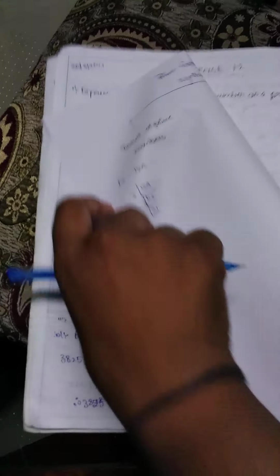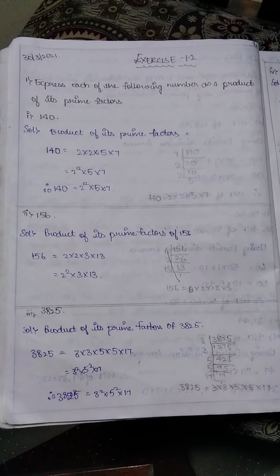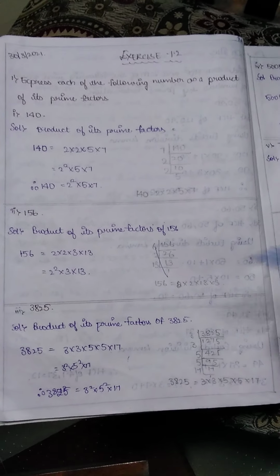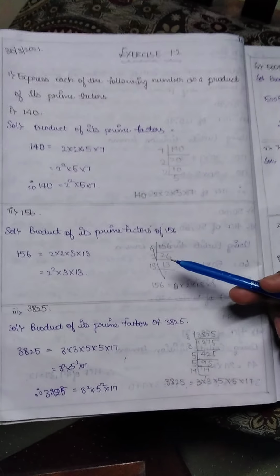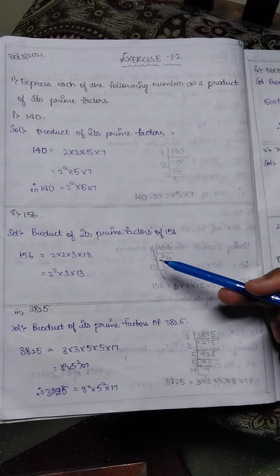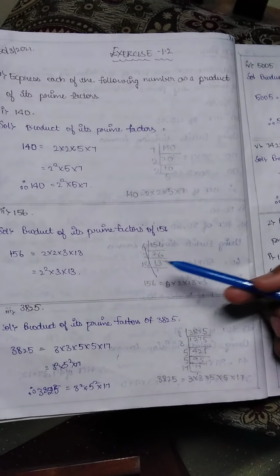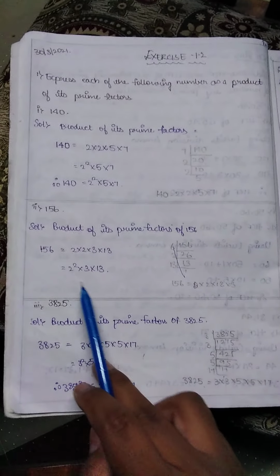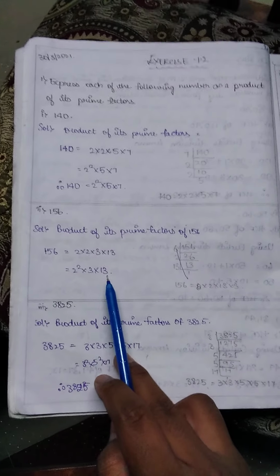For the next problem, 156, the product of prime factors of 156: 2 13s are 26, 13 1s are 13. So 2 into 2 into 3 into 13 is the product of prime factors, that is 2 square into 3 into 13.